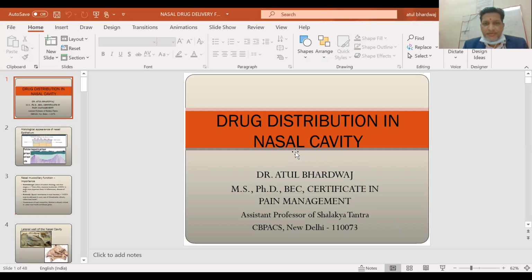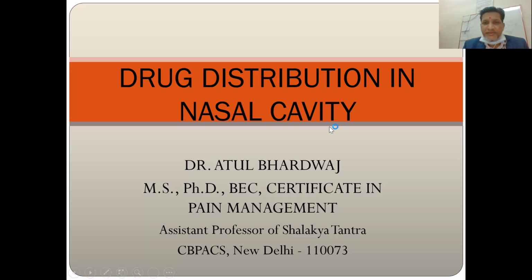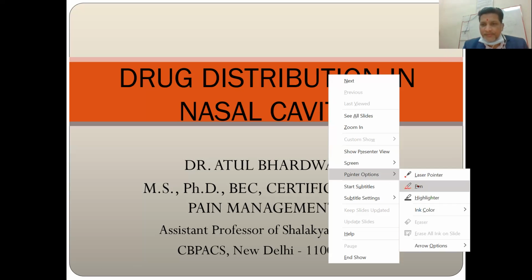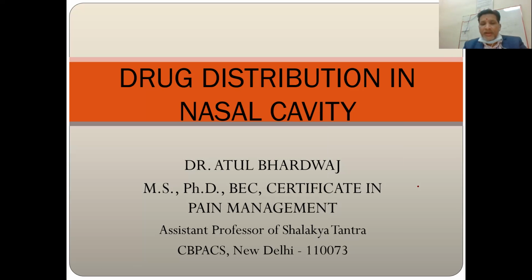This topic is also very important as far as contemporary discussion of drug distribution is concerned, because the nasal cavity has suddenly become a hotspot in discovering how we can use the nasal cavity mucosa for drug delivery.